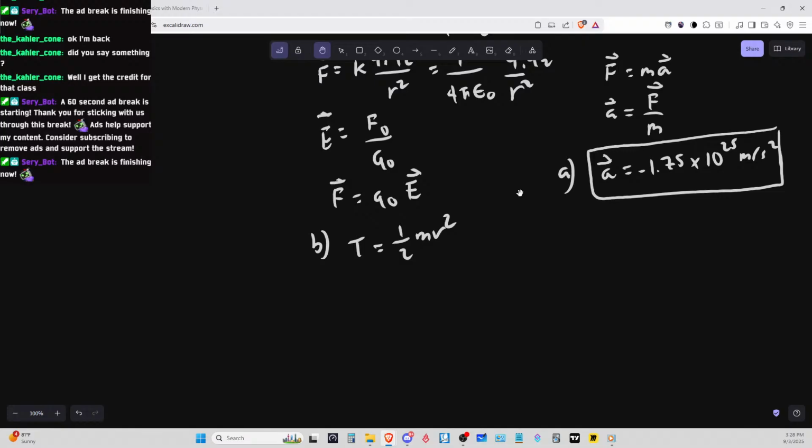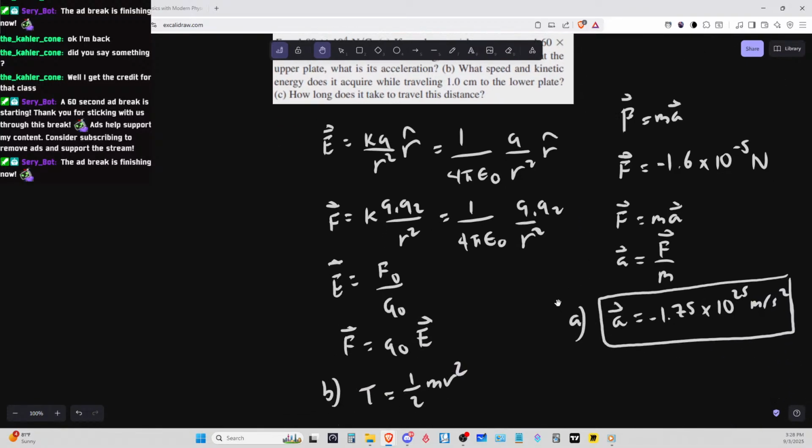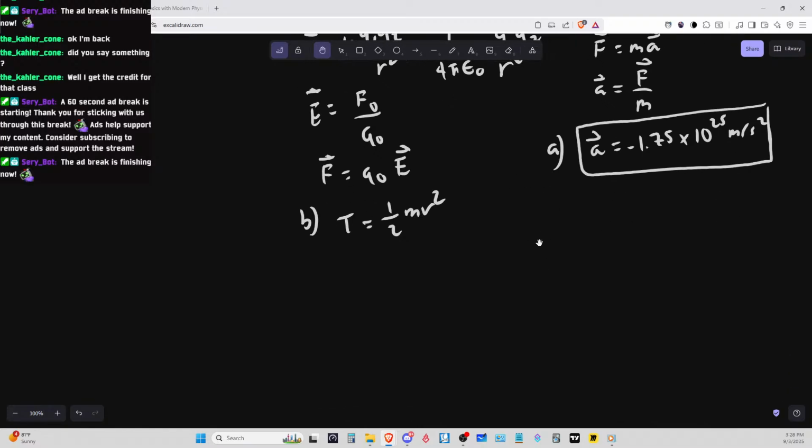Oh yeah, so we have to figure out the speed. Okay, so what is the speed and the kinetic energy? So we got the acceleration, so I think the acceleration is supposed to lead us to getting the speed.